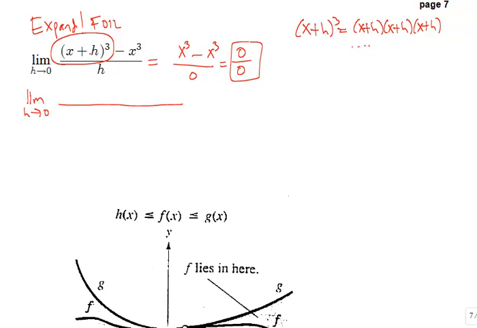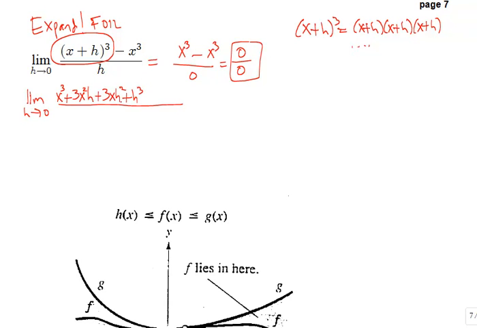When we cube x plus h, we get an x cubed for the first term. We get a middle term that has a coefficient of 3, and it's going to have an x squared and an h. And we get another middle term with a coefficient of 3, which has just an x and an h squared, and then the last term is that h cubed.